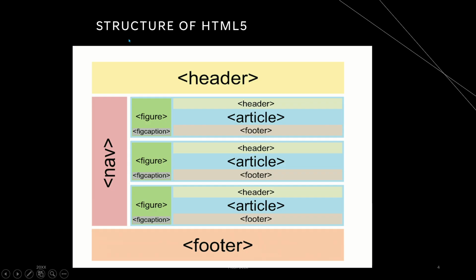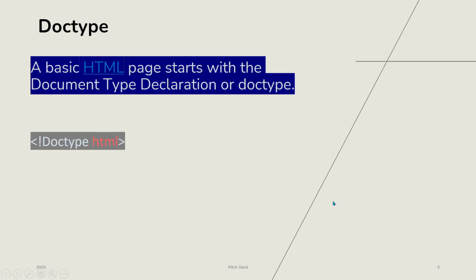For the structure of HTML5, we already discussed in the previous slide that the outstanding feature is header and footer. We also have many other special tags, that is navigation, article, and figcaption. So let's see about each of them.